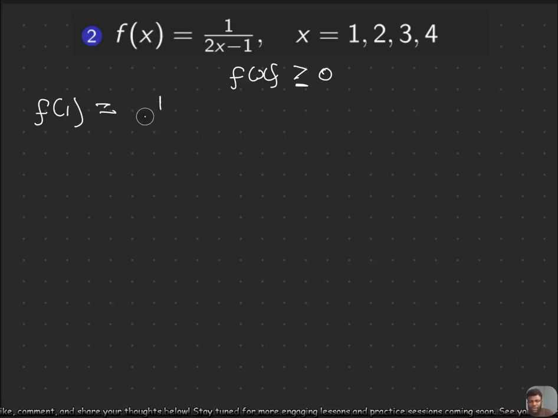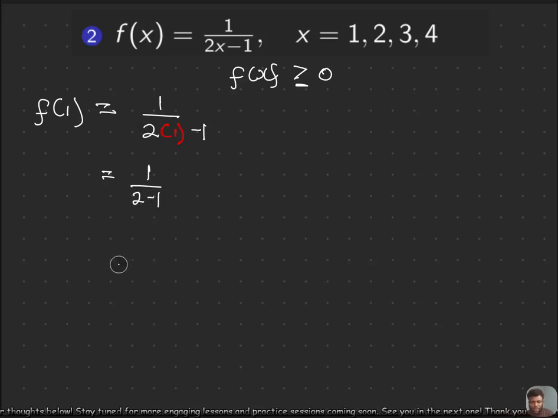We have 1 all over 2 times 1, minus 1. Evaluating, 2 minus 1 gives us 1 on 1, which is equal to 1. The first value has passed. Let's go to the second value.